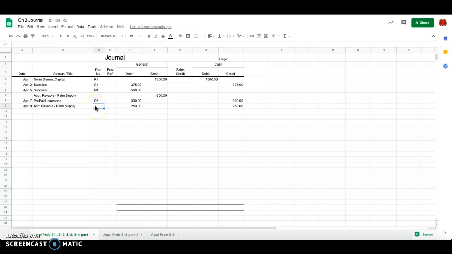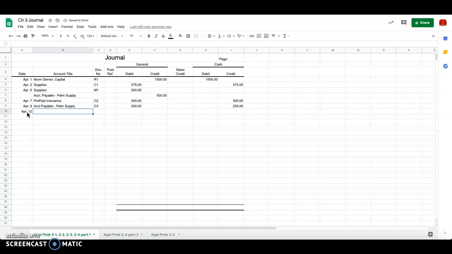We wrote another check, so that's going to be C3. Okay, you should be going in order. All right, real quick, and I might skip a little bit here once I've done a couple of these. Our next one's going to be April 12th, and it says that we paid cash for rent.